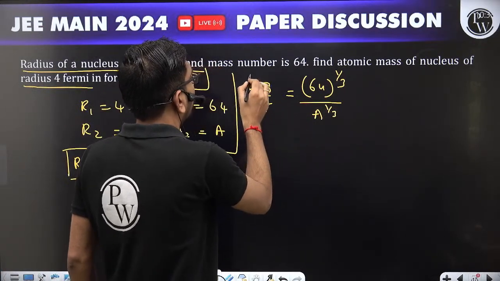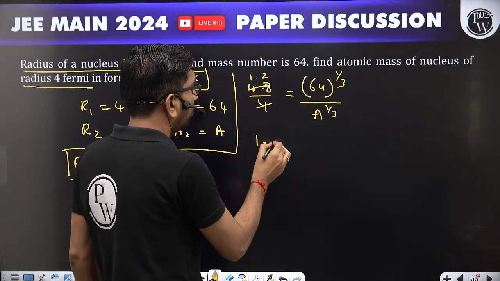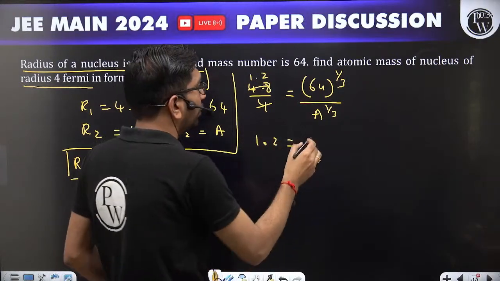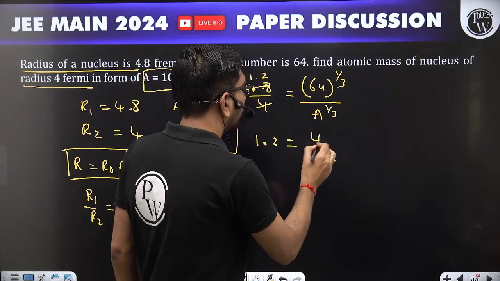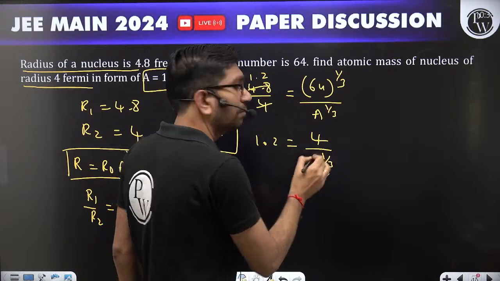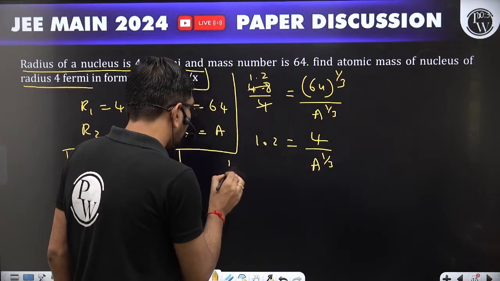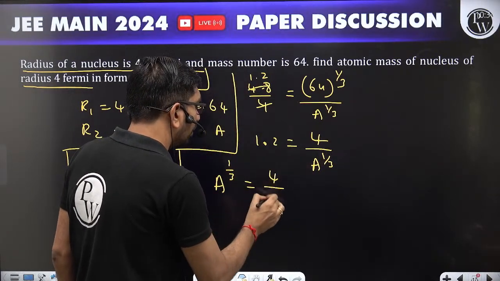4 1s are 4, 2s are 4, so 1.2 is equal to 4 by A power 1 by 3. So A power 1 by 3 is equal to 4 by 1.2.